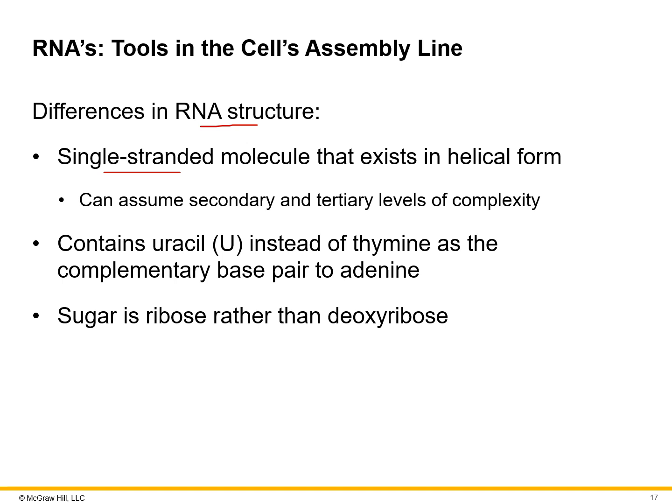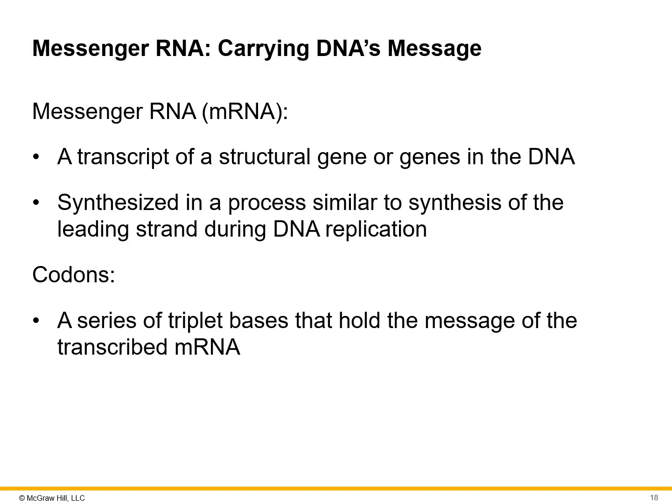There can still be some base pairing that lets it twist and loop on itself to give it different levels of complexity. But again, it's one strand of nucleotides. As I mentioned before, it has uracil instead of thymine. So if there's an adenine, then it's going to pair with uracil. And then that sugar, which is where the name comes from, is ribose instead of deoxyribose.